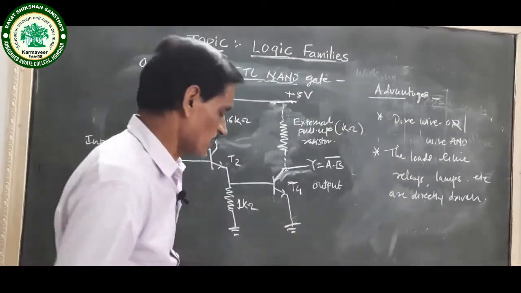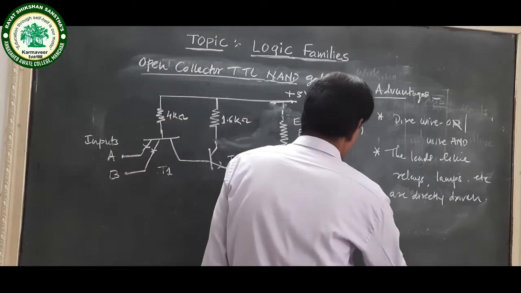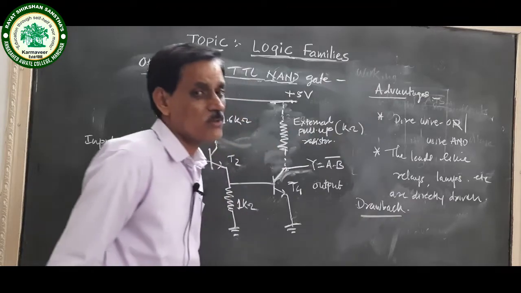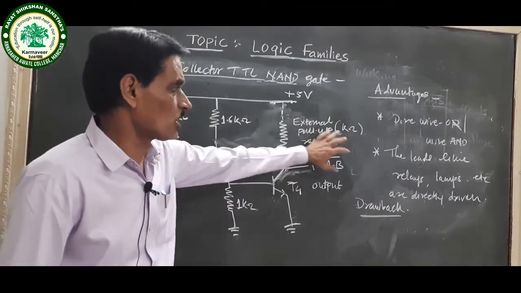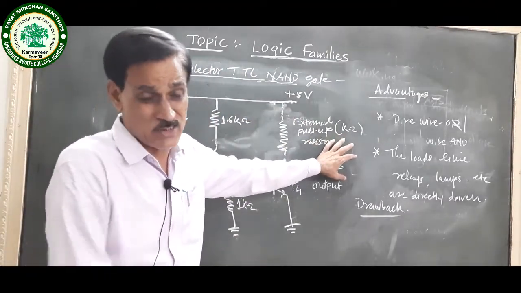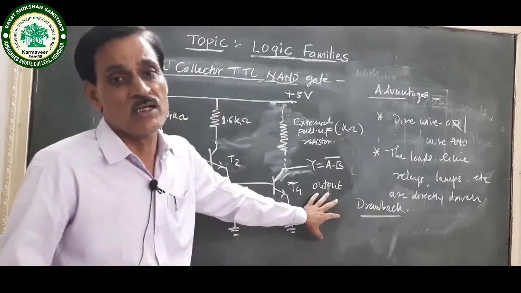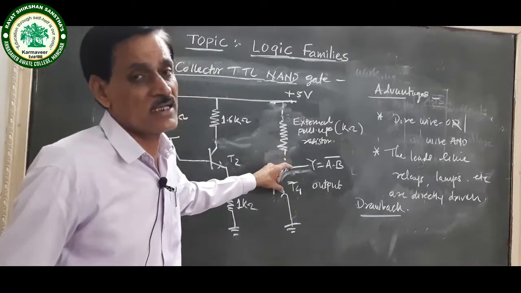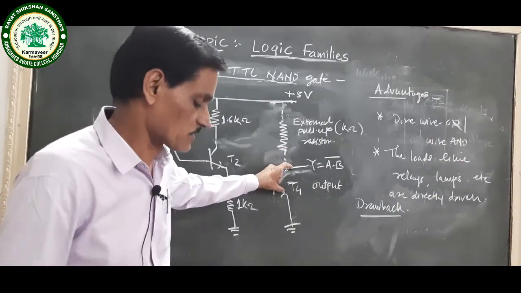Even though these are the advantages, what is the drawback? At the output side, you are using a resistor in the order of kilo ohm. Therefore, the propagation delay time increases and it reduces the operating speed.